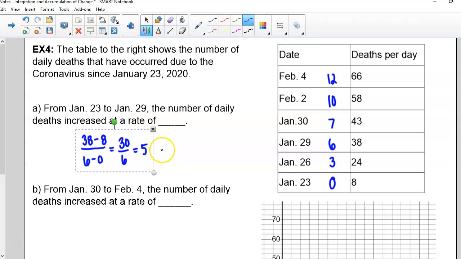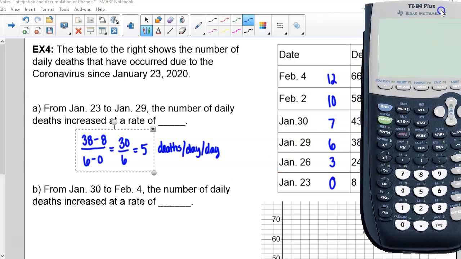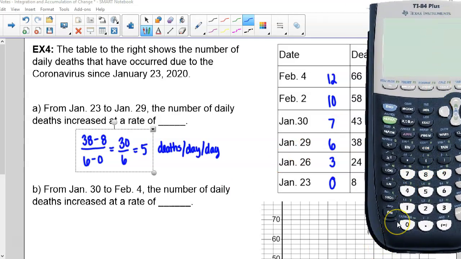And what would our units be? Deaths per day per day. And if you look at it, that's probably about right, or close to right.